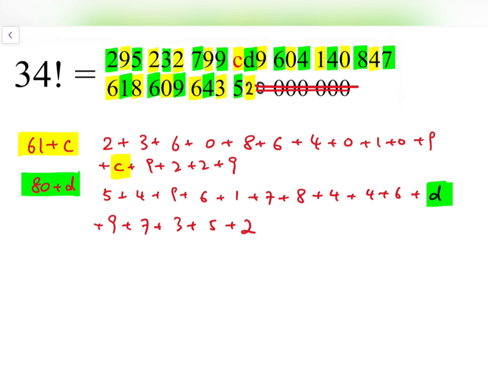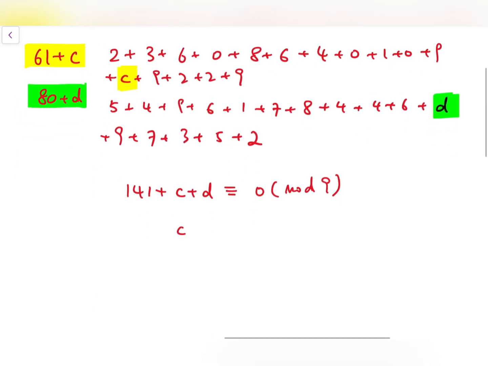Now, if we add them up, that means 141 plus C plus D has to be a multiple of 9. And simplifying, we can say C plus D has to be congruent to 3 mod 9.